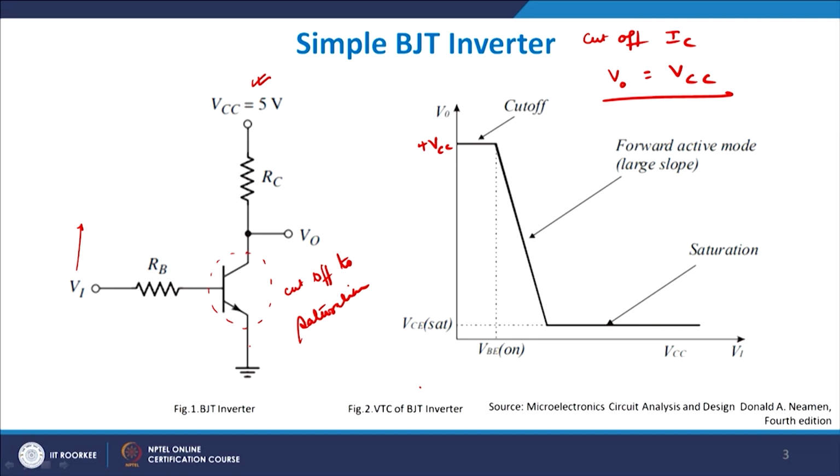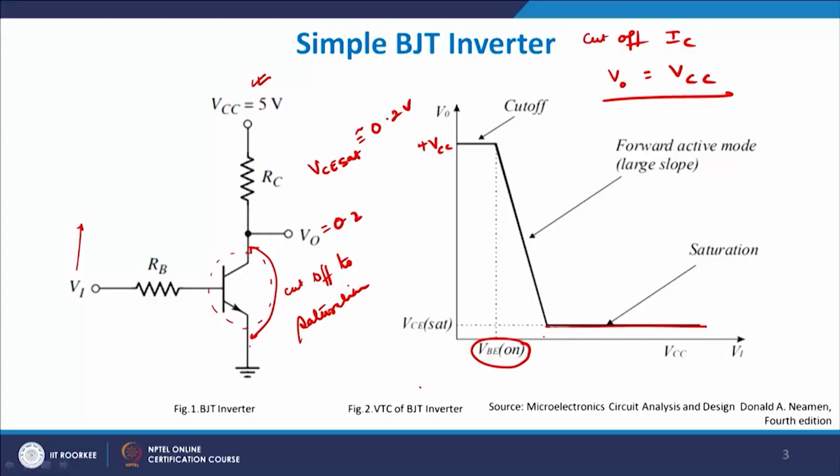Here VCE saturated is approximately 0.2 volts, which means Vout equals 0.2 volts. So we have understood one basic fundamental principle: whenever my input voltage is low, my output voltage is high, and vice versa. So I can use it as an inverter.